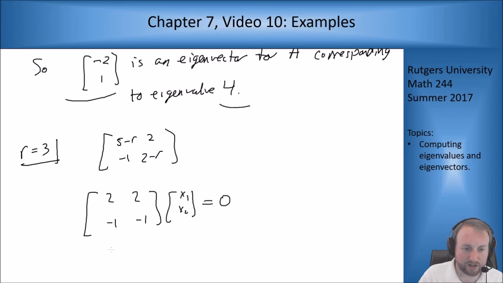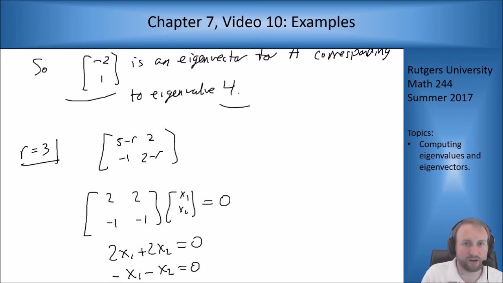So my equations are 2x1 plus 2x2 equals 0, negative x1 minus x2 equals 0. And again, these are redundant equations because this one's just a multiple of the other one. So I can just throw this guy out because he's redundant. And so then I just have to look at this one here, and this just tells me that x1 plus x2 equals 0.